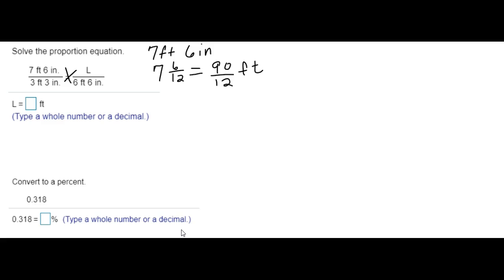I could have converted it to inches, but converting it to feet is just a different way of doing this. And so therefore, we have 90 over 12 feet is the same as 7 foot 6 inches.